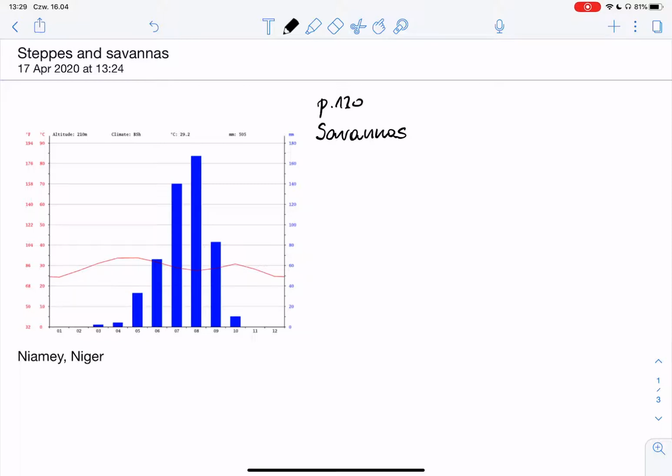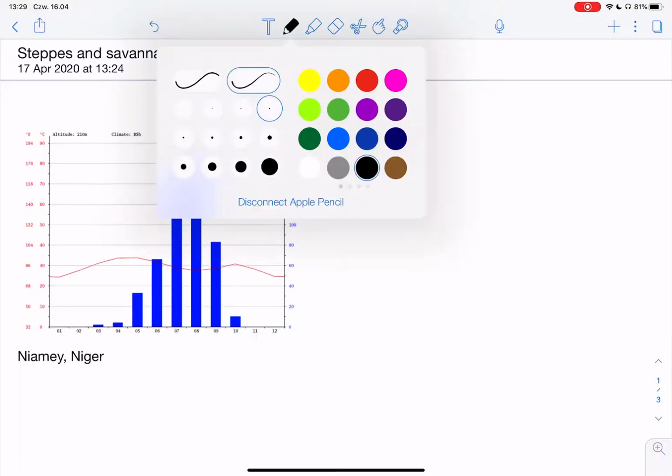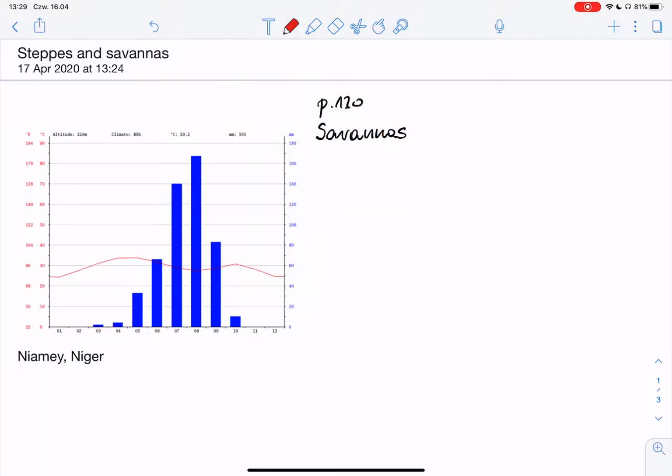And guys, savannas basically belong to tropical climate zone, which is basically the warmest climate zone on Earth. Temperature is quite high throughout the year, and as you can see in that climatogram, you have it also in your book, but I have also downloaded it here.